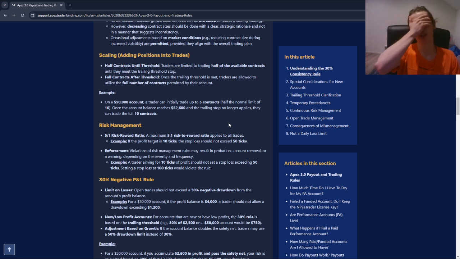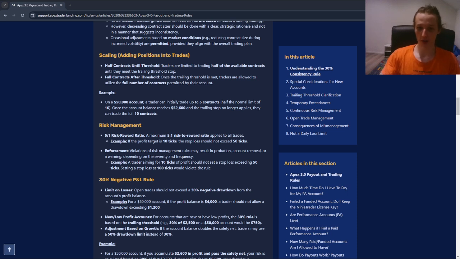Oh my god, risking 50. Imagine this: you risk $50 to make 10. That is not a great way to trade an account. You cannot risk $5 to make 1. You risk $1 to make 5, but I wouldn't suggest using that type of limit where you risk 5 to make 1.